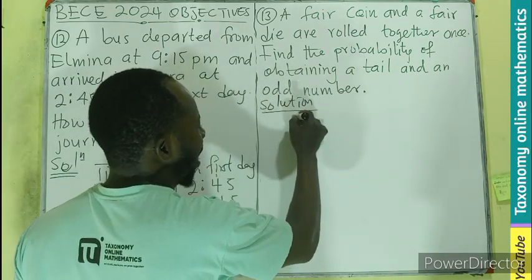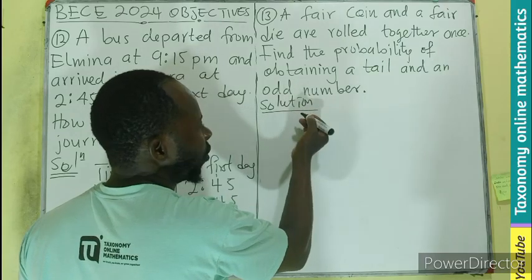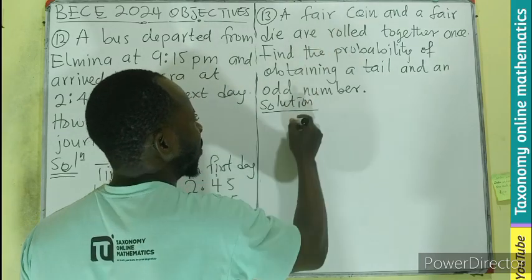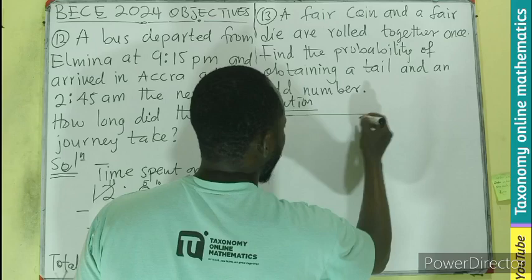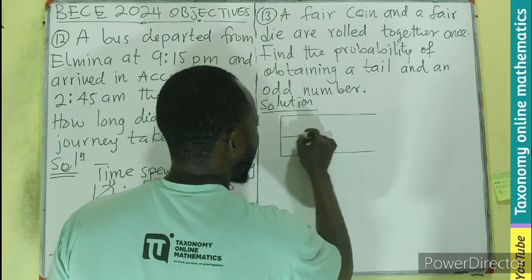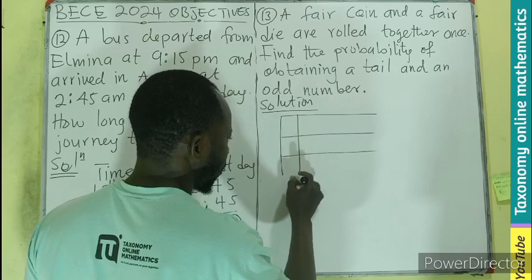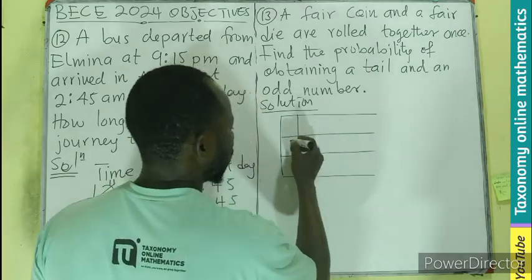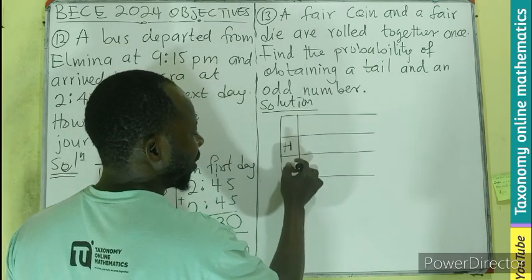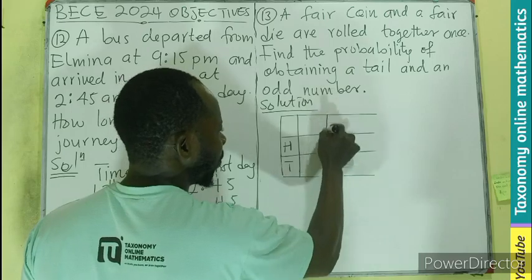we can have our sample space for the coin. Let's put it all in a table form. So we're having a head and a tail.